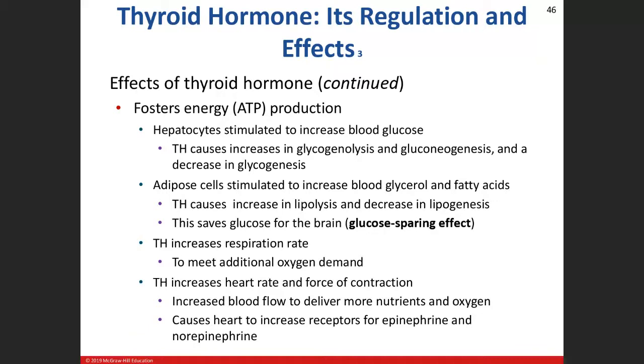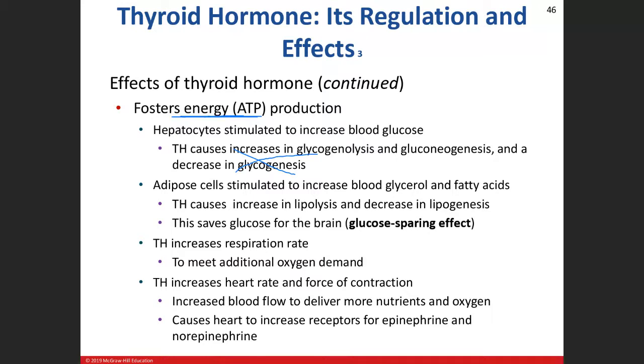Thyroid hormone: we want to increase our ATP production. So the liver is going to break down glycogen and pump it out into the bloodstream. It's going to utilize gluconeogenesis to make more glucose to pump out into the bloodstream. As that is going on, it is going to stop making glycogen, and that will keep your blood sugar levels elevated.